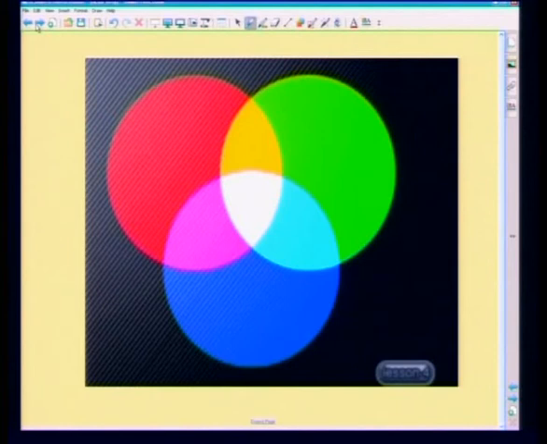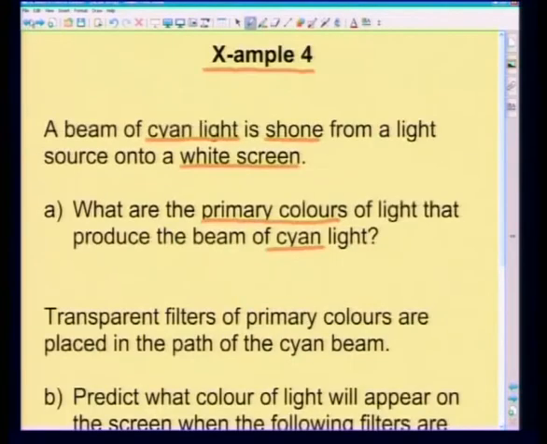Here, this is where cyan is. Now, which two primary colors are forming that? We can see you've got green and you've got blue. So the primary colors forming cyan are green and blue. So when we have those primary colors, we're going to have cyan color.